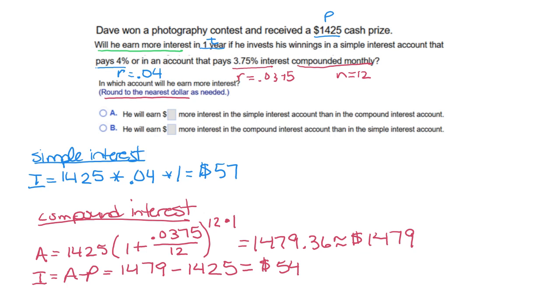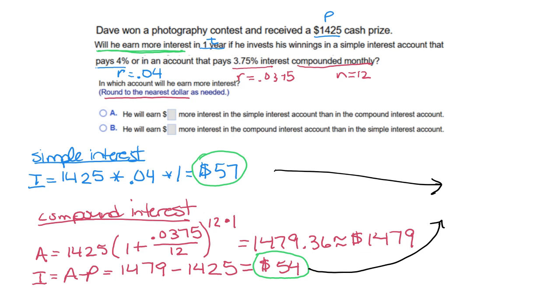The simple interest investment had interest of $57. The compound interest investment had interest of $54. Will he earn more interest on the simple interest or the compound interest? So you can see that the answer would be the simple interest. And then if you look at these options on here, it said how much more interest will they earn? So we need to take these amounts and find the difference.